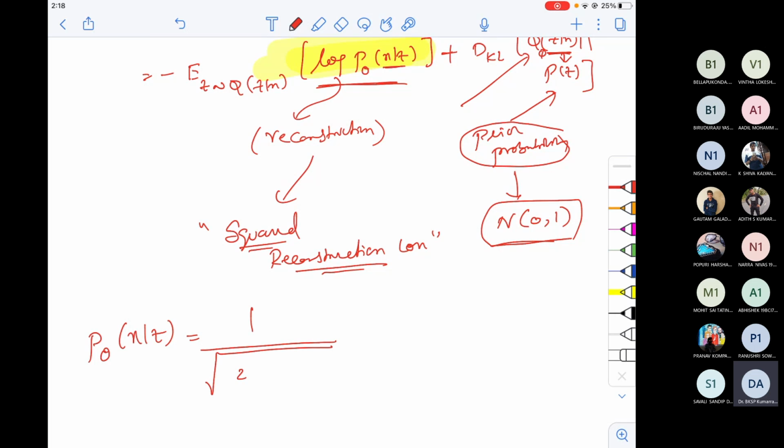So it's actually 2 pi of x. Different variants do exist for this. I'm writing one variant. I'm just writing the probability density function of p theta of x given z.